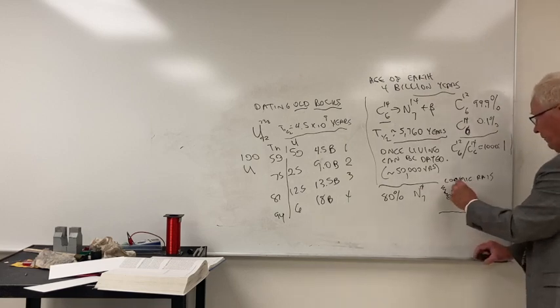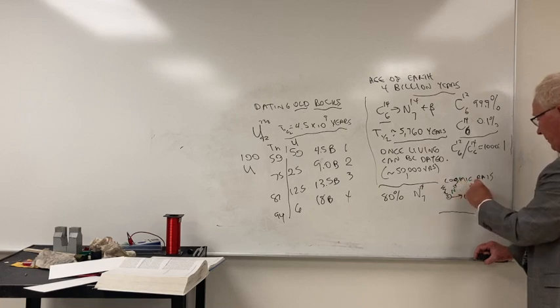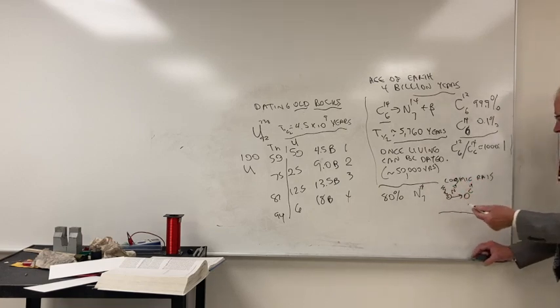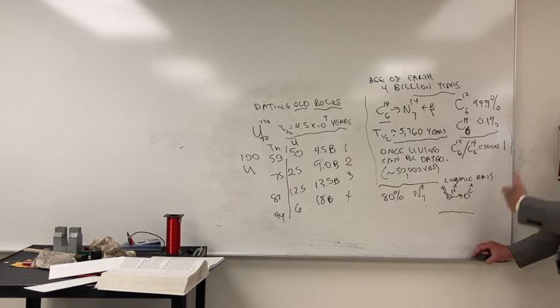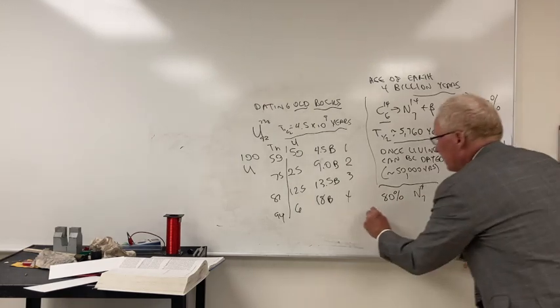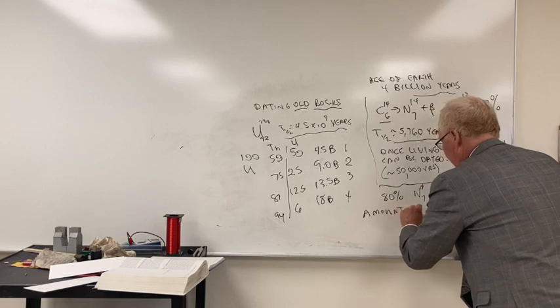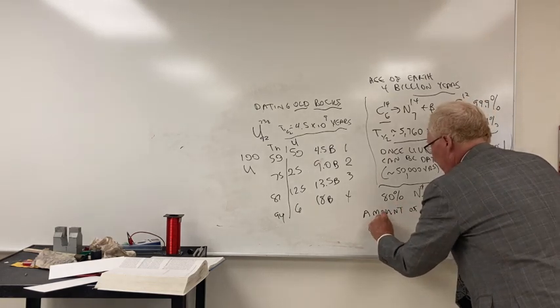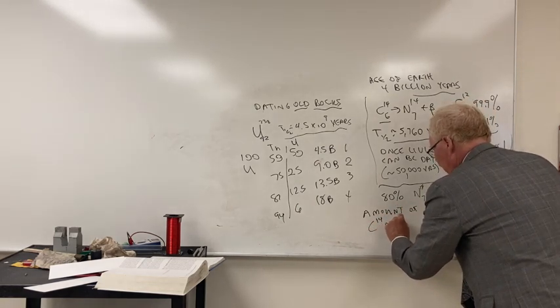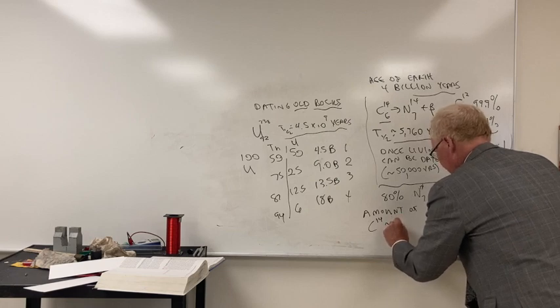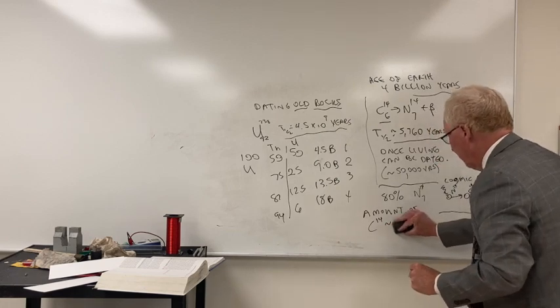So then instead of nitrogen-14, you have carbon-14. Now this doesn't happen very often, but it happens enough that the amount of C14 is more or less constant.